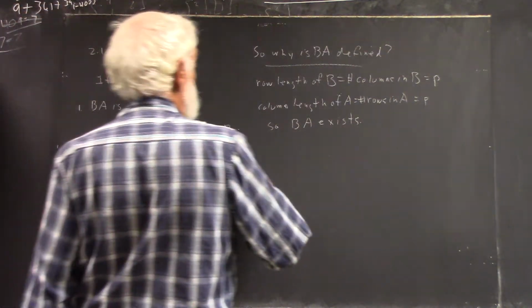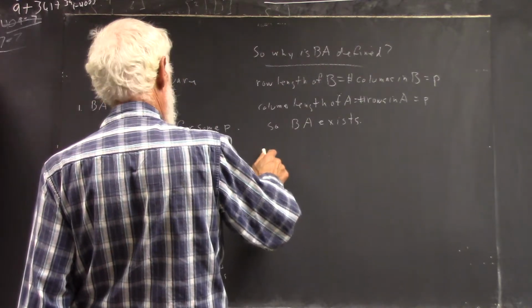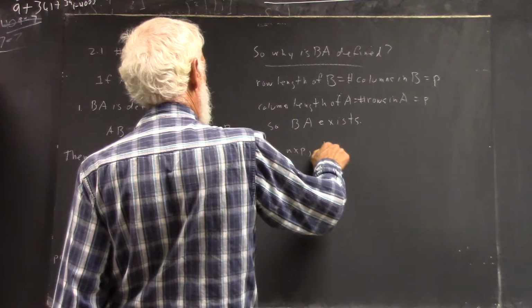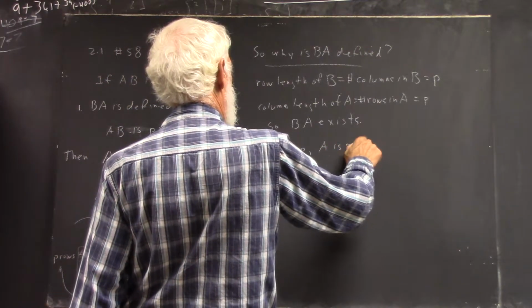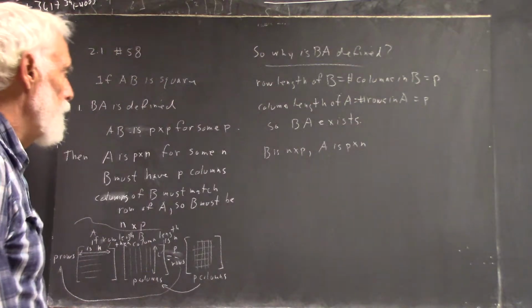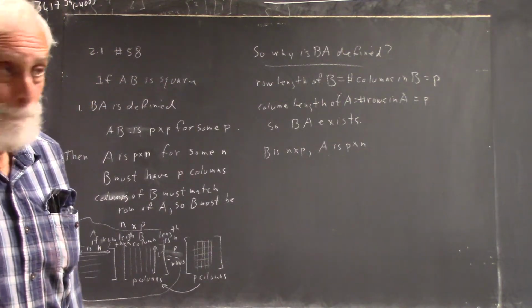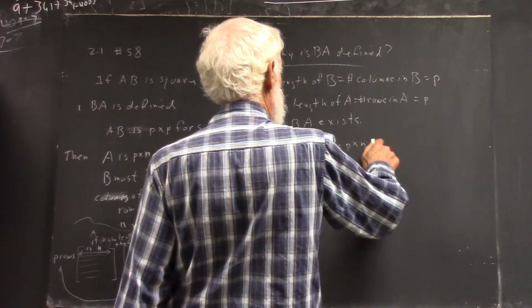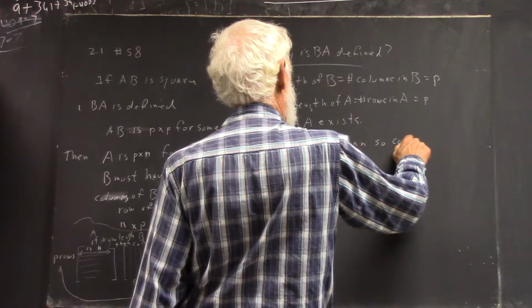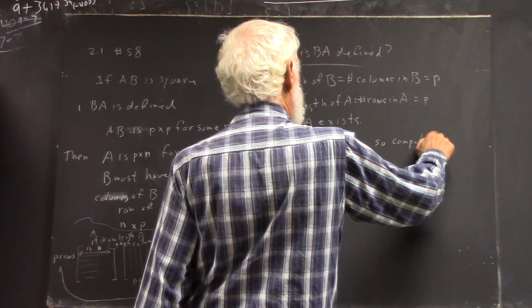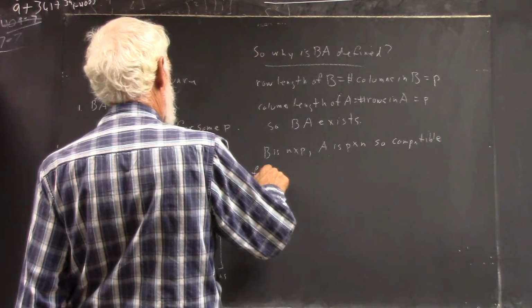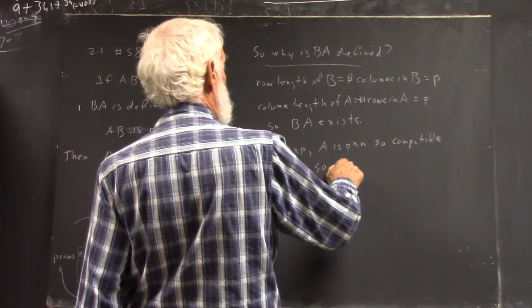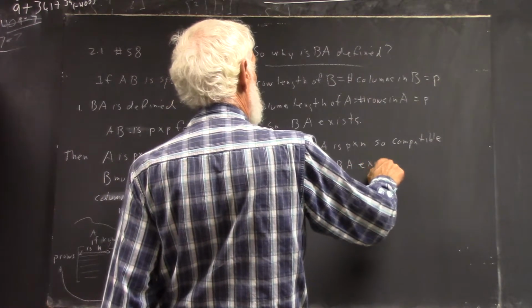Now you could conceivably say, well, B is n by P, A is P by n. Okay? So they're compatible for multiplication, so BA exists.